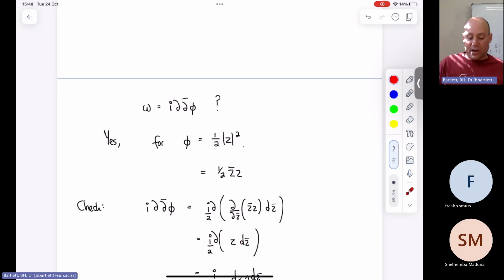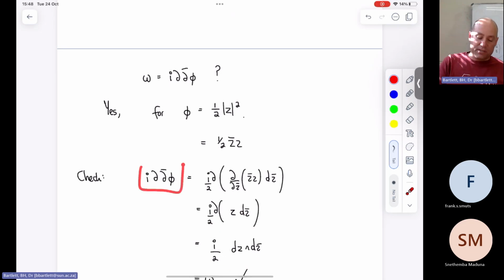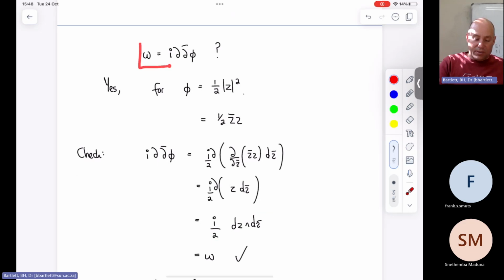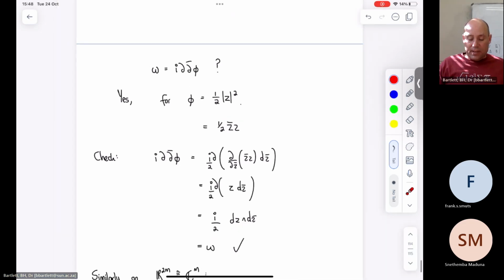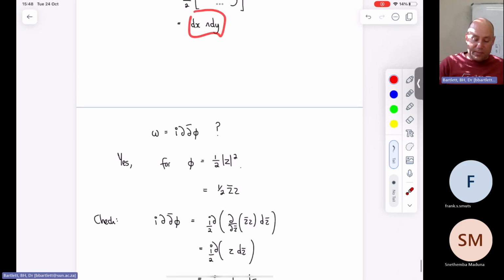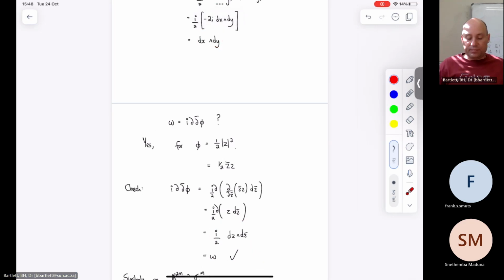Differentiate it with respect to z, I get a 1. So I get this out. So this expression is equal to i over 2 times dz wedge dz bar. So in other words, it's true what I was claiming, namely it is true that omega is equal to i del del bar phi, because this here, dx wedge dy, is equal to i over 2 dz wedge dz bar.